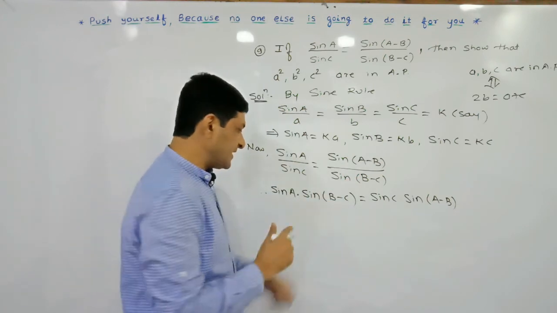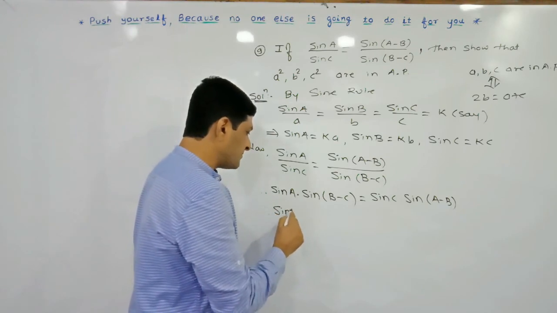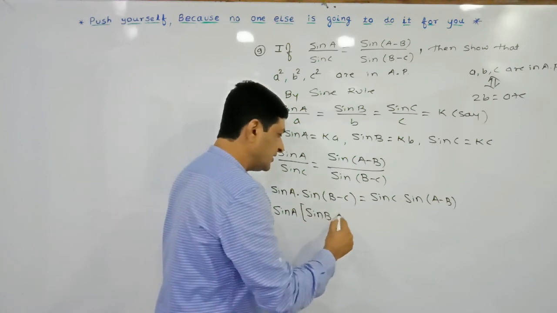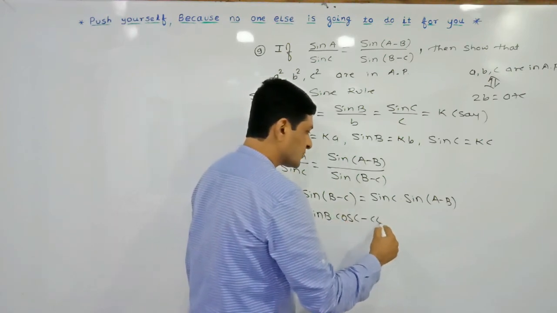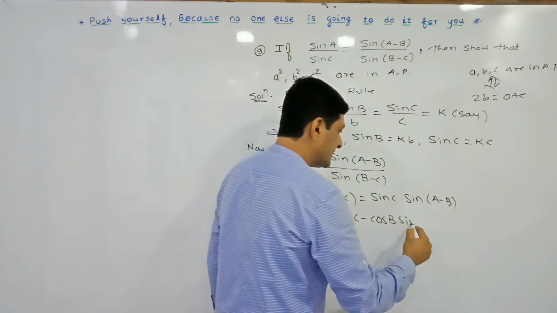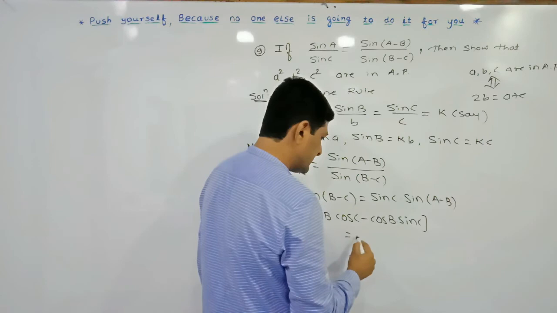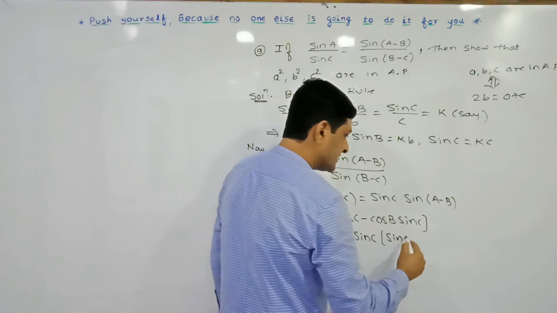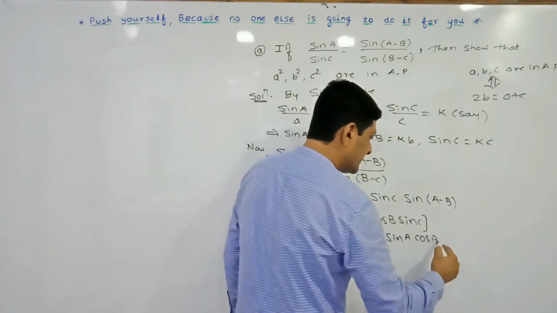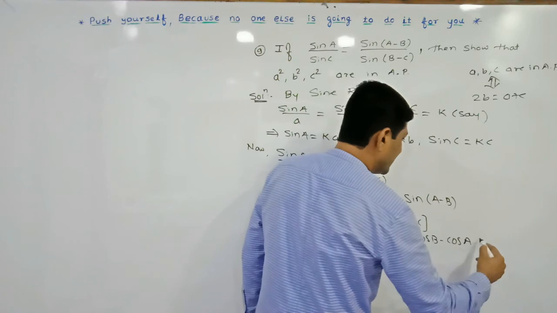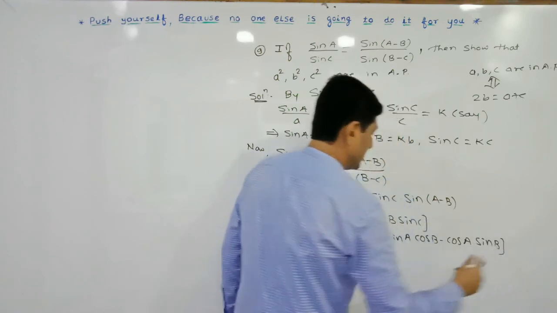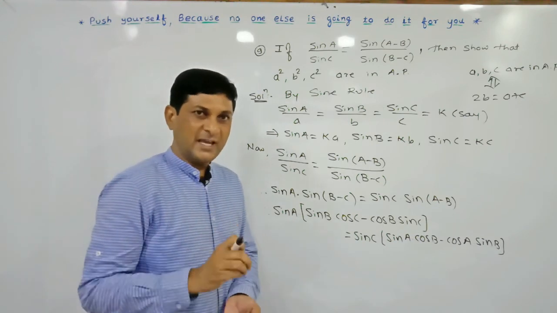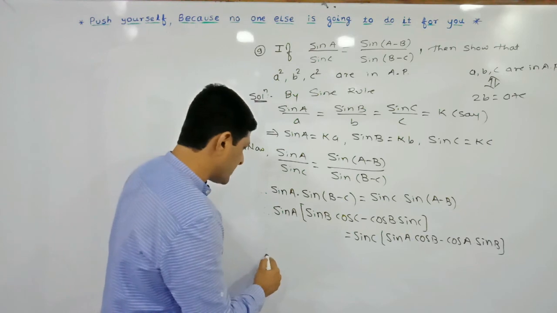According to the compound angle formula, sin(B minus C) can be written as sin B cos C minus cos B sin C. On this side, keep sin C as it is, and sin(A minus B) can be replaced by sin A cos B minus cos A sin B. Now we apply the sine rule and cosine rule to convert it in terms of a, b, c.